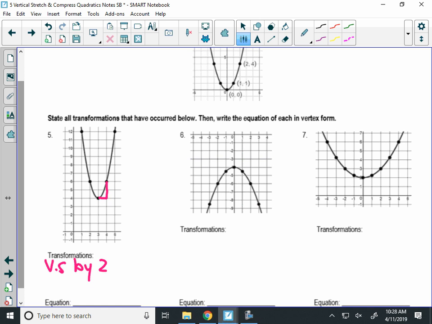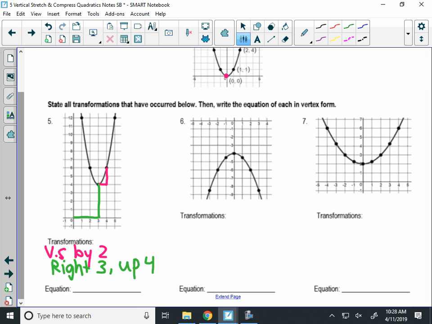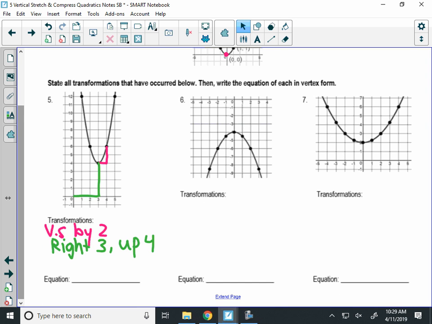Now I'm not at the origin. Notice that the parent function, the vertex, is at the origin. I'm not there anymore. It looks like my graph ended up going right 3 and up 4. So if I had to write the equation for this graph, what it would look like is y equals.